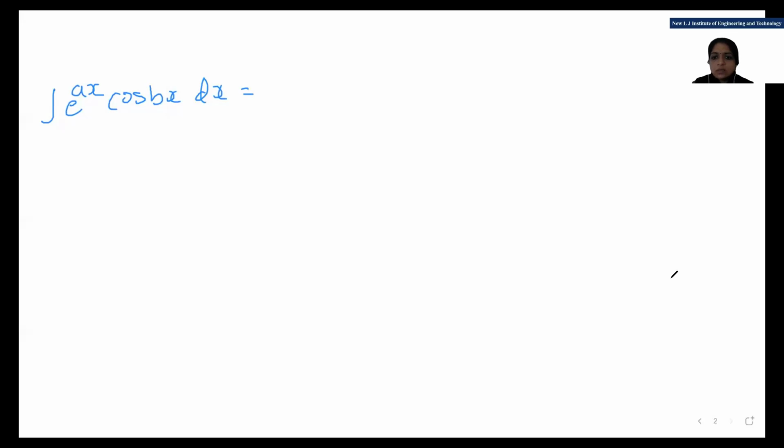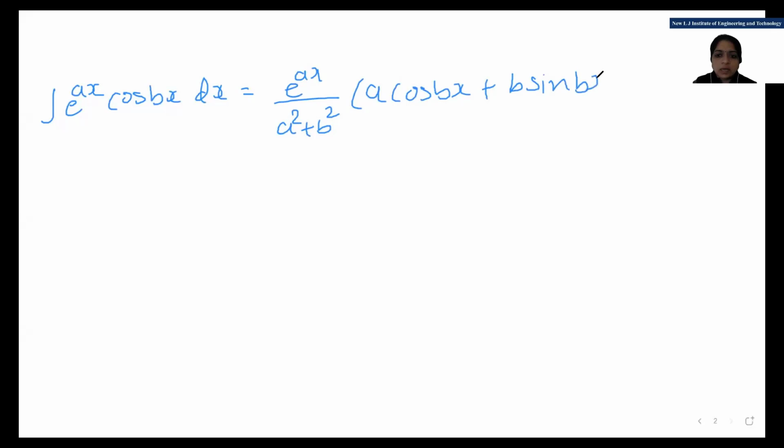See students, this is the most important formula. Yes, good. Many students have raised their hand that they know the formula. See, e raised to ax cos bx dx is e raised to ax upon a square plus b square, and here a cos bx plus b sin bx, right?